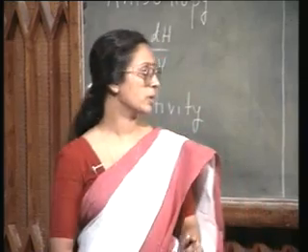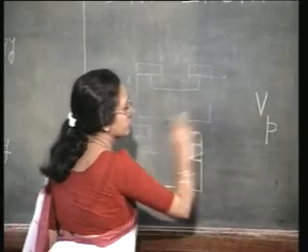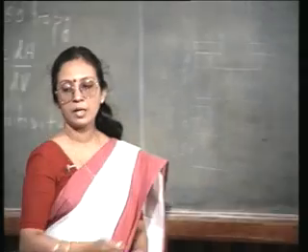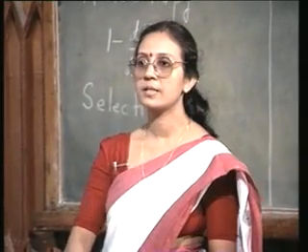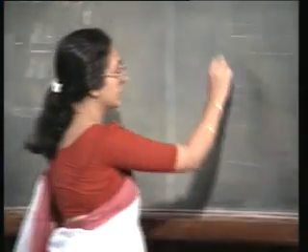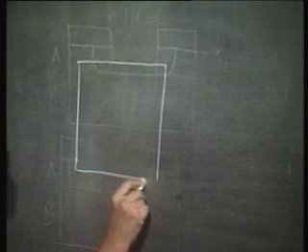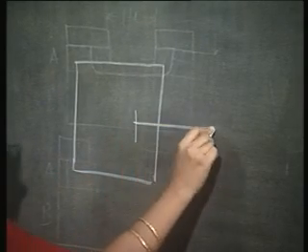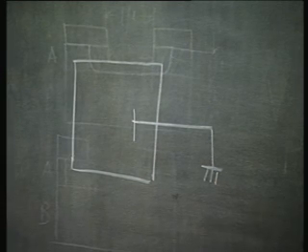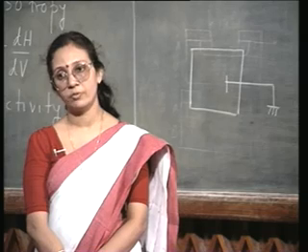Now, usually what is done is this. The basic schematic diagram of a plasma reactor is something like this. I have this chamber with one electrode permanently grounded, and to the other electrode we apply the RF voltage.